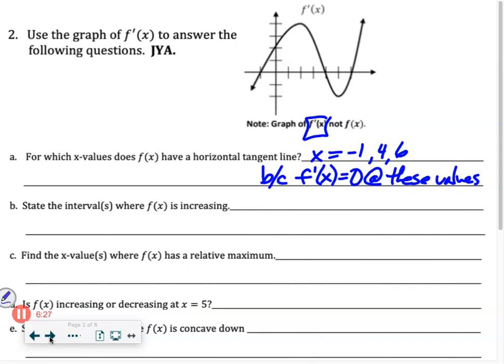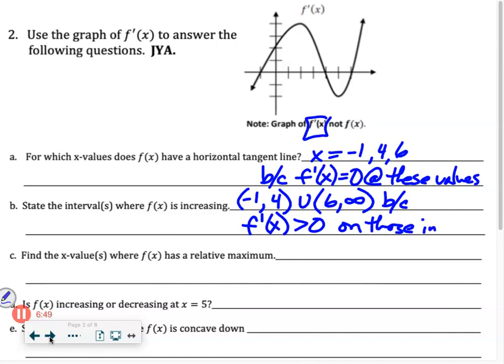So f prime is positive on what intervals? -1 to 4 and 6 to infinity because f prime is greater than 0 on those intervals.